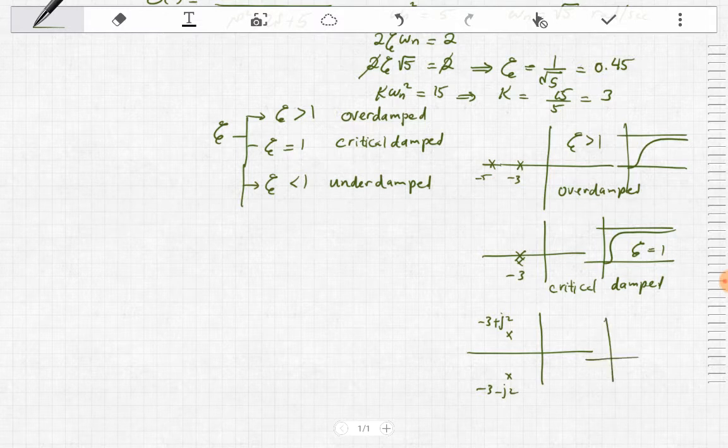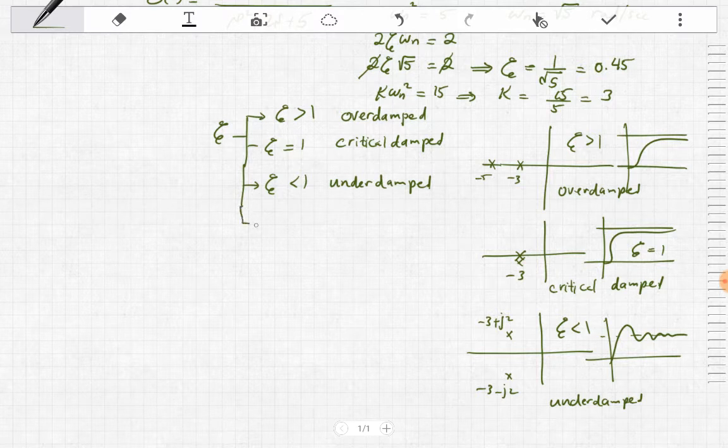And the response will have oscillation, and this oscillation will be damped; in the end, it will vanish. We call this underdamped. In this case, your eta is less than 1. So eta is a parameter that tells you the type of the system without finding the roots.